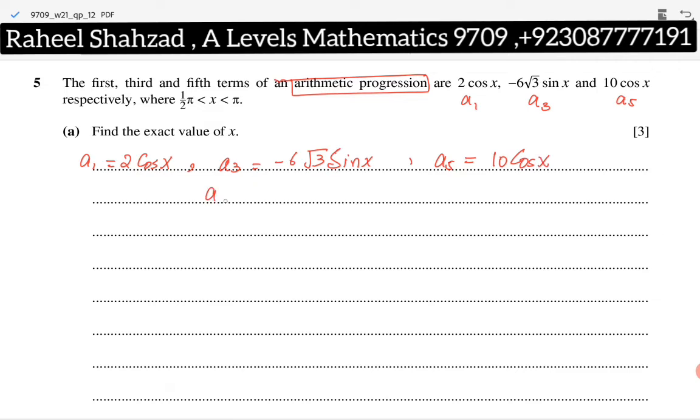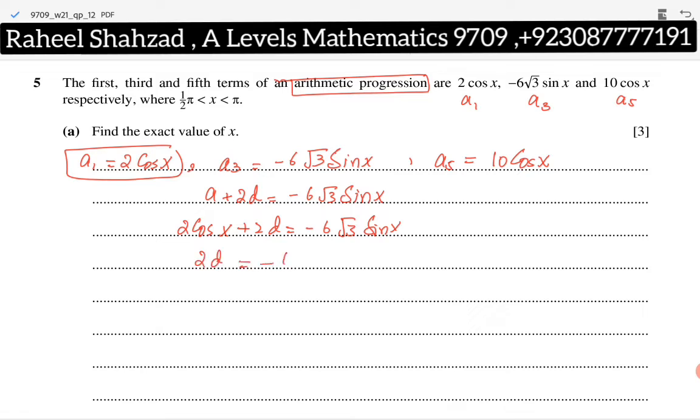Now we know that the third term is always equal to a plus 2d, that is equal to minus 6 under root 3 sin x. You can substitute the value of a from the first term, that makes it 2 cos x plus 2d is equal to minus 6 under root 3 sin x. So from here 2d is equal to minus 6 under root 3 sin x minus 2 cos x, right?